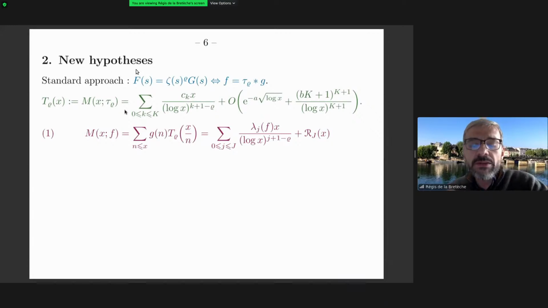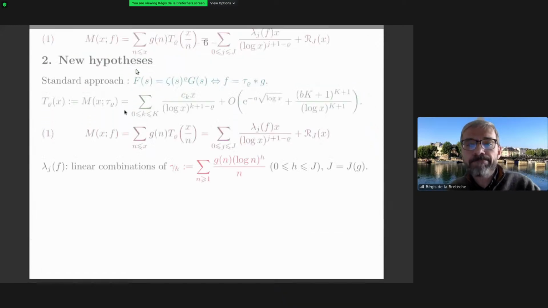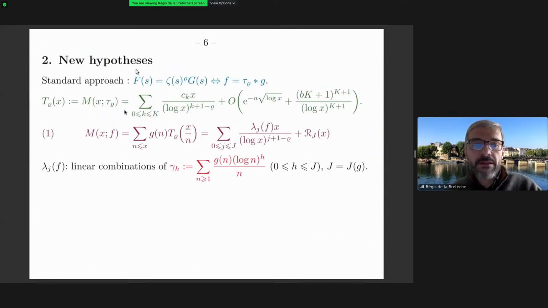And then we can use the convolution relation to prove an asymptotic estimate for the sum of f of n. So we have here lambda of j of f.